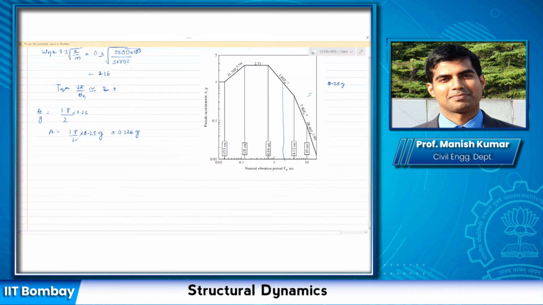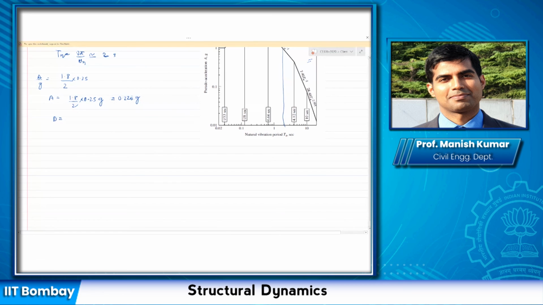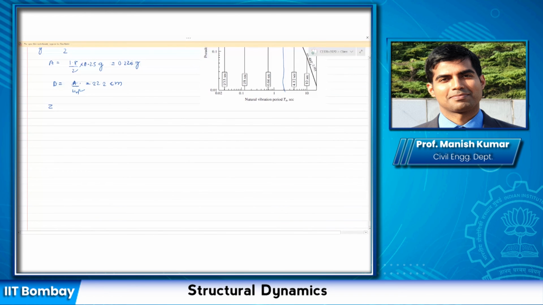Once A is known to you, you can easily find out D as A divided by omega n square, and that comes out to be approximately 22.2 centimeters. Once D is known to you, what is the peak value of the generalized coordinate z0?